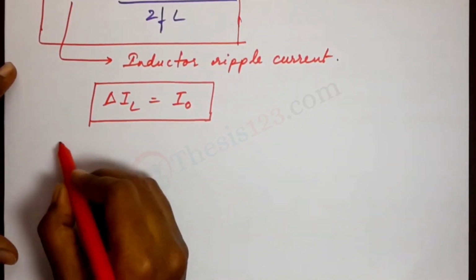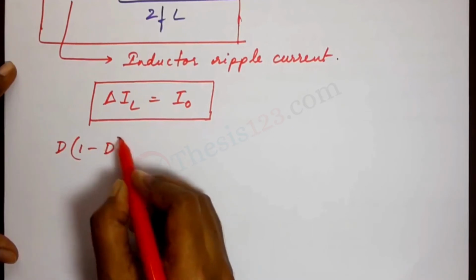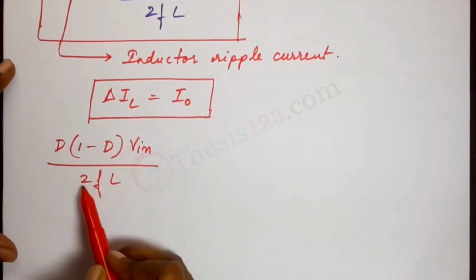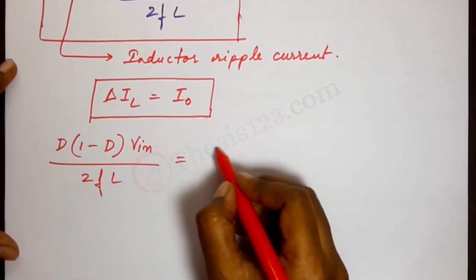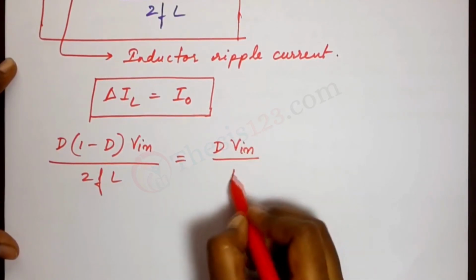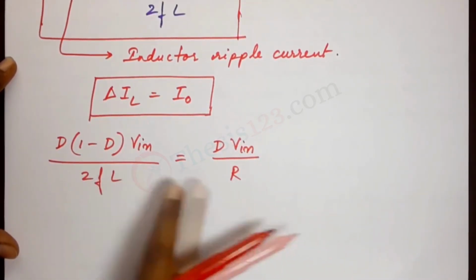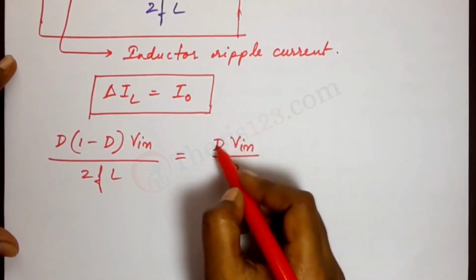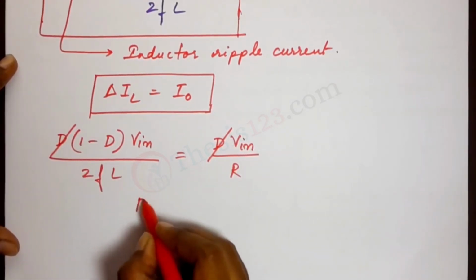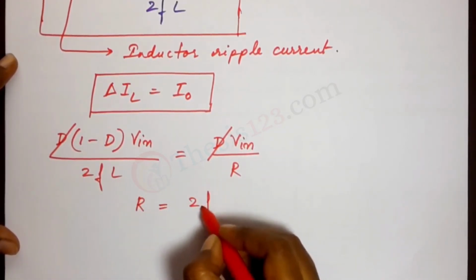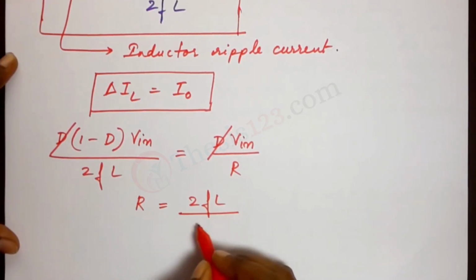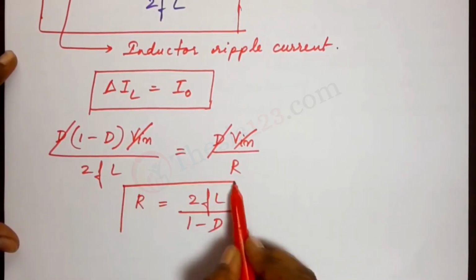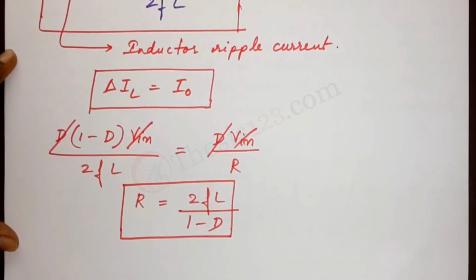We have D into (1 minus D) Vin divided by 2FL. So delta IL is equal to, now I0 is D into Vin by R. If we solve this in terms of R, D and D cancel out. We will have our expression for R as 2FL divided by 1 minus D, since Vin and Vin also cancel out.